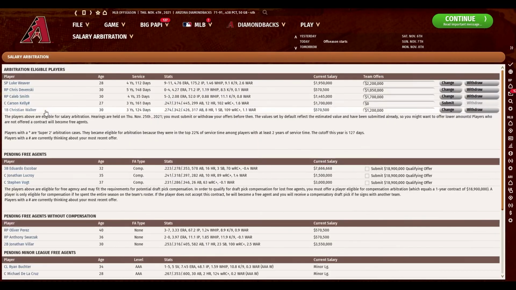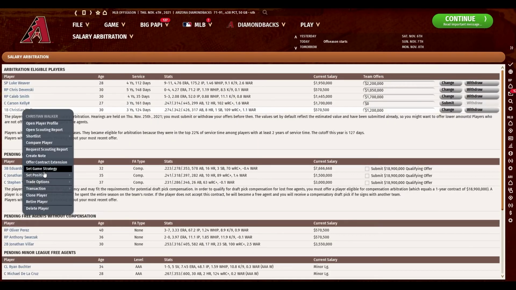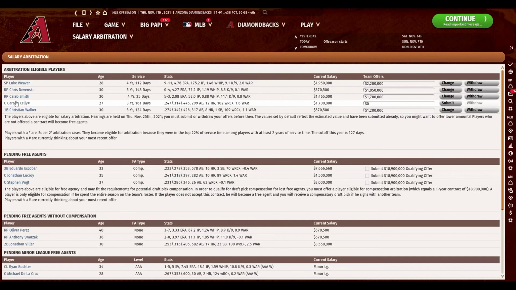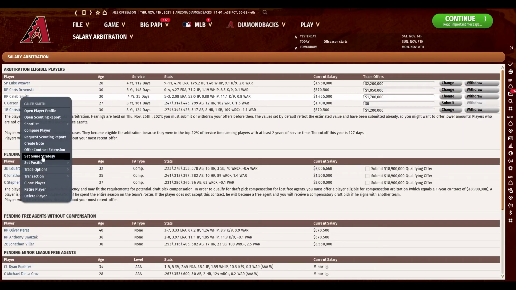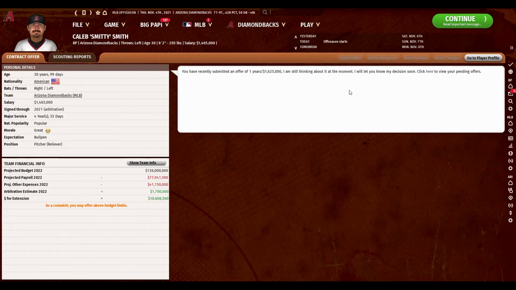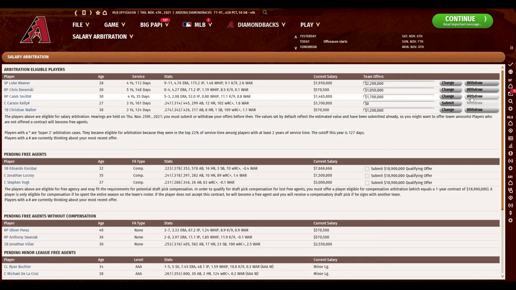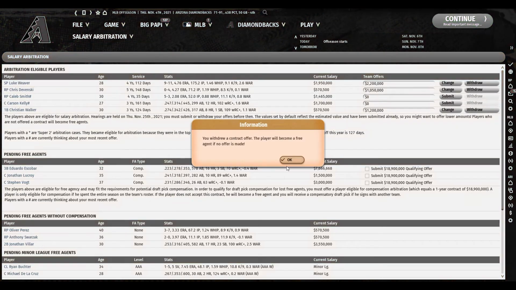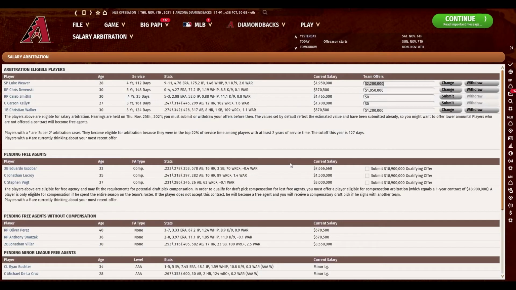Christian Walker, he's fair. Again, somebody that he's not interested in discussing. Okay. Caleb Smith is popular. He pitched well last year. He wants 1.7, so let's offer him 6.25. And this does a couple of things. You can almost always sign them for less than what the winning arbitration number would be, whether it's your number or their number.